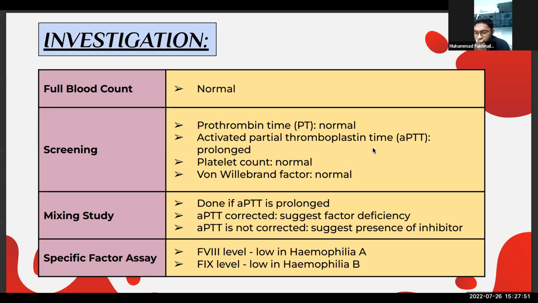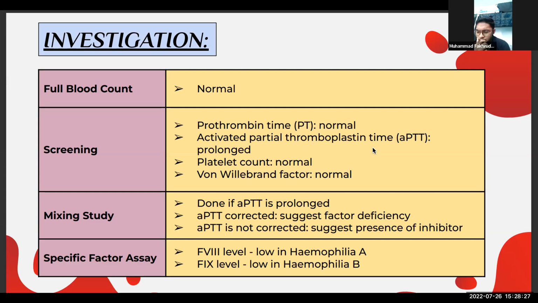Okay. So if the APTT is prolonged, we need to do a mixing study. The mixing study is a test to differentiate whether the APTT is prolonged due to clotting factor deficiency or due to an inhibitor. So if the APTT is corrected, it suggests factor deficiency, and if the APTT is not corrected, it suggests presence of an inhibitor.